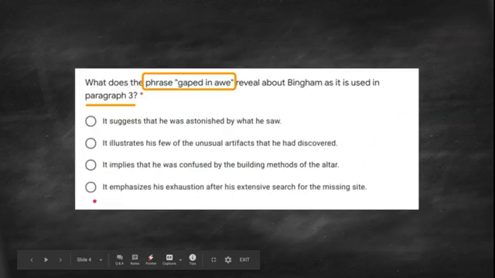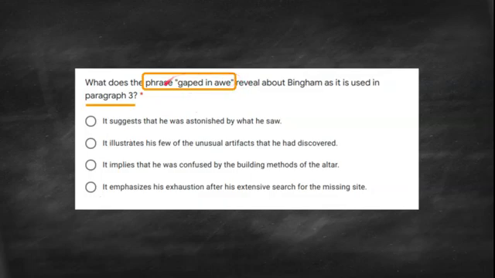Okay. Now, question two was asking what this phrase gaped in awe, what does it mean or what does it reveal about Bingham in paragraph 3? So he gaped in awe. The correct answer for this is A, or the first one. Okay.